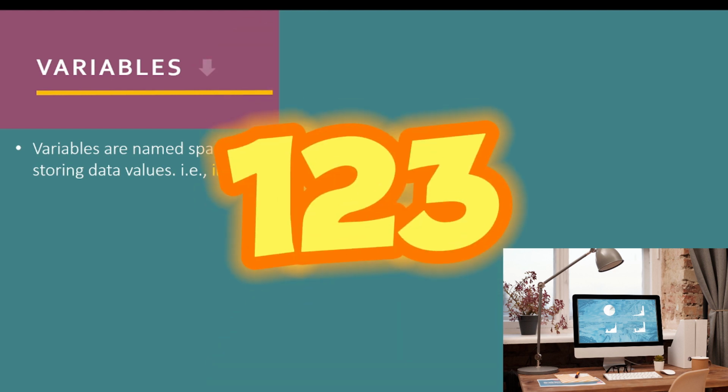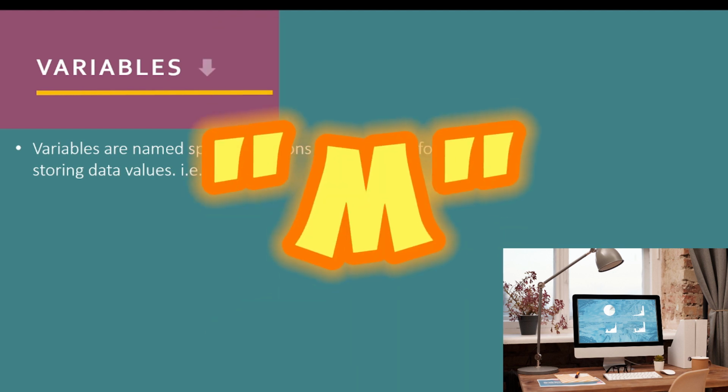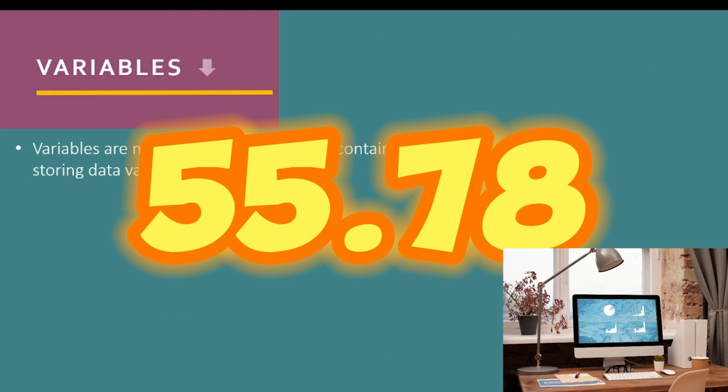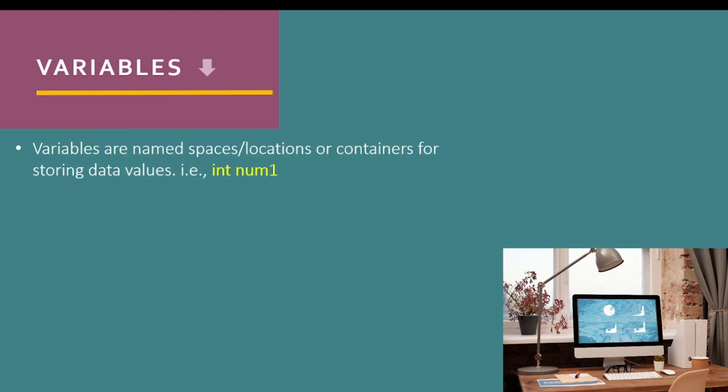Likewise, we can have numbers, characters, floating numbers or some other stuff as well. For those we have to have a type of named spaces, and that is what we call a variable.